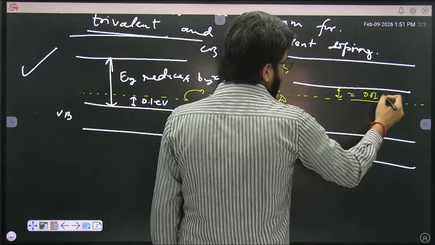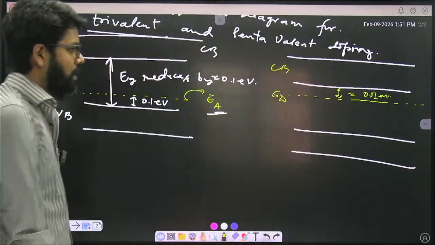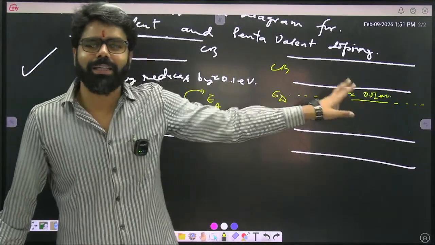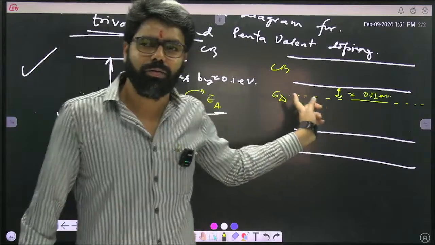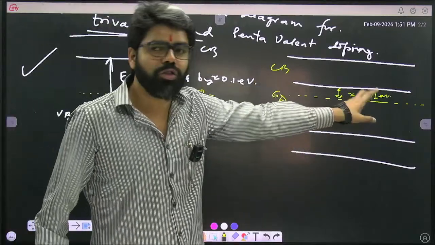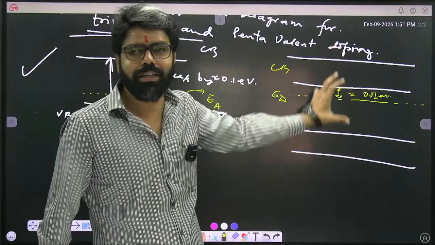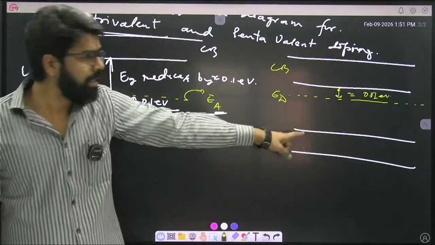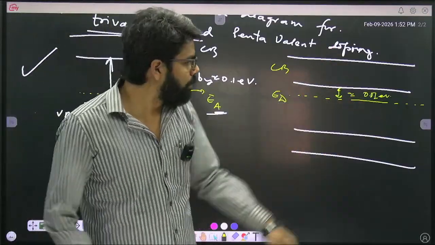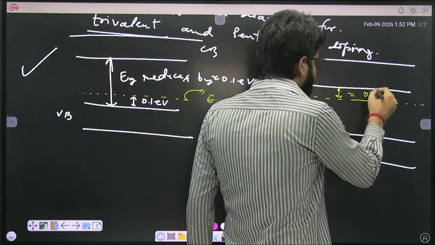I won't write the number now; I'll take it from the NCERT later on, when I go to the NCERT. So this energy gap reduces by some 0.1 electron volt, something like that.